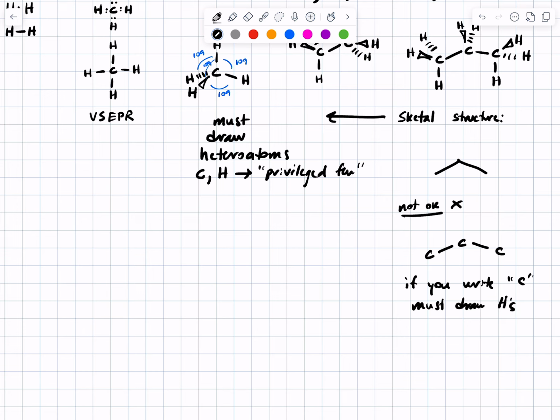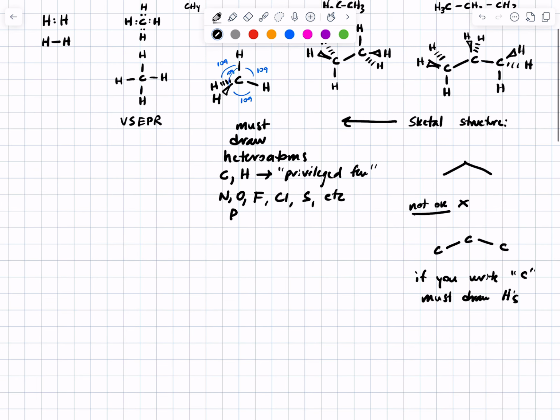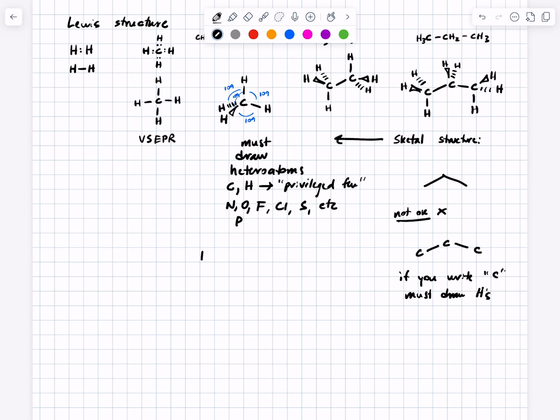And everything else we have to write out, like nitrogen, oxygen, fluorine, chlorine, sulfur, etc., phosphorus. If there is a heteroatom in a molecule, you actually have to write it out. So, for example, a related molecule, dimethyl ether, is CH3O, CH3, and we can draw that like this. But I have to draw out the oxygen.